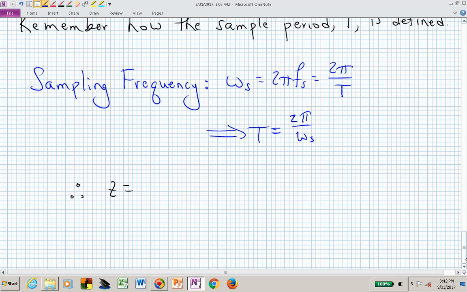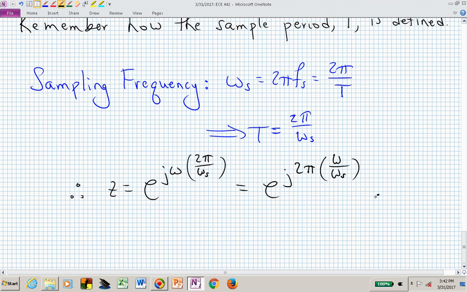If we make that connection, we can see that z is equal to e to the j omega, again substituting j omega in for s, and instead of T, we replace T with 2 pi over omega sub s, so we now have e to the j 2 pi omega over omega sub s.